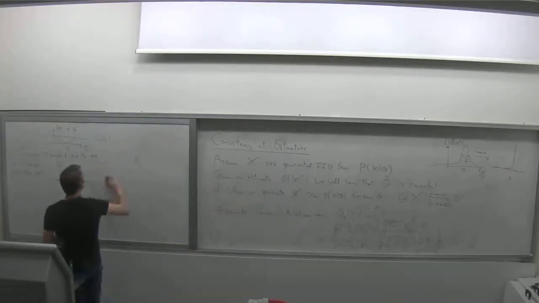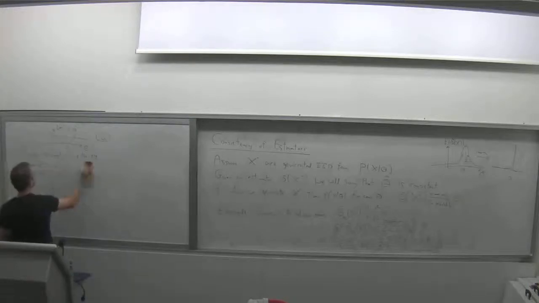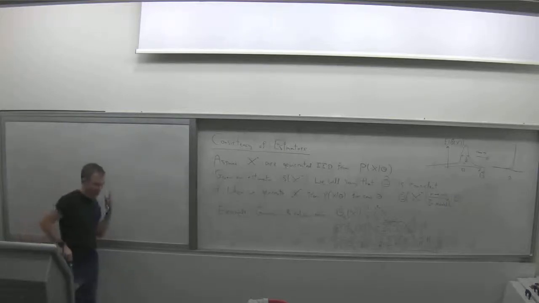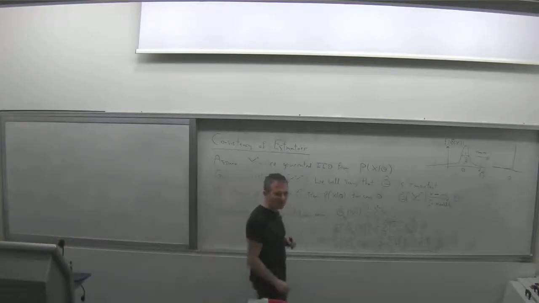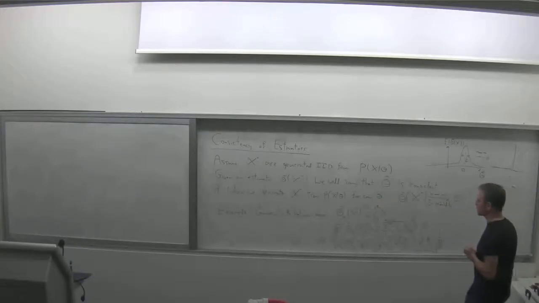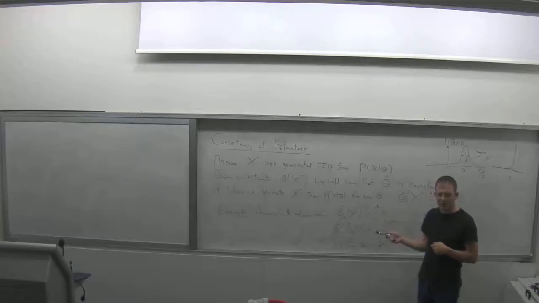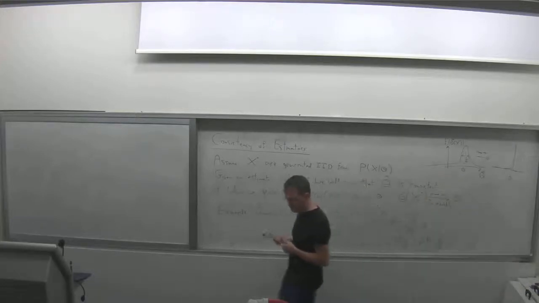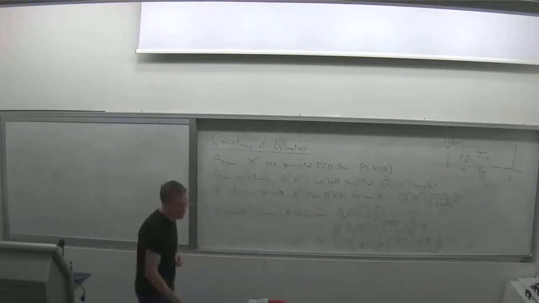Okay, so two good things we learned from this. One is that the notion of consistency is not unreasonable to ask for. Here's a simple estimator that is consistent. And the other good thing is that it's actually our friend, the maximum likelihood estimate.